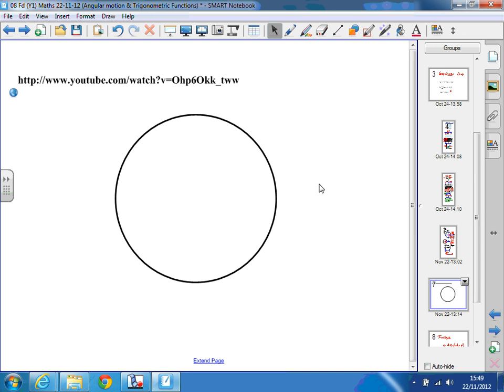And it will help us to describe what happens as this thing rotates around. So let's again put on our axes, and consider this thing rotating around anti-clockwise with an angular velocity omega.